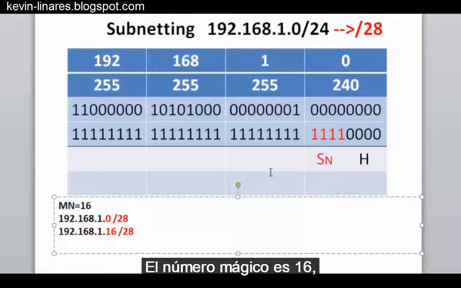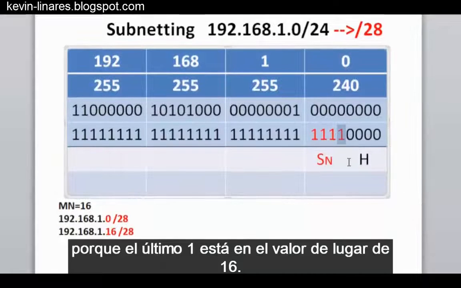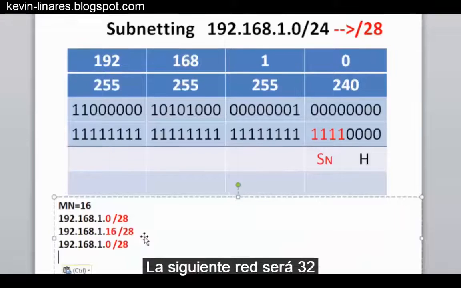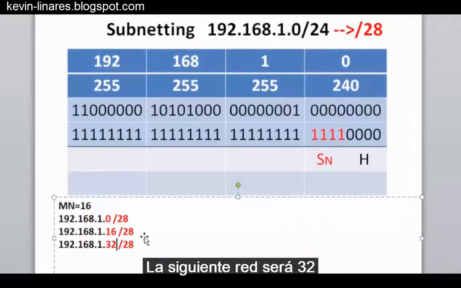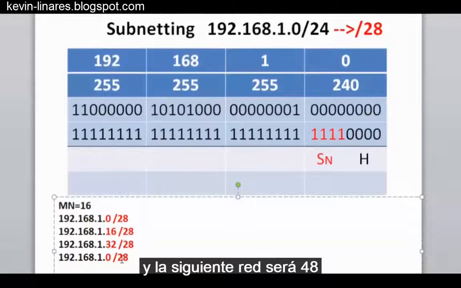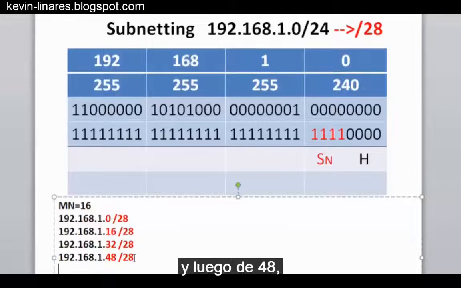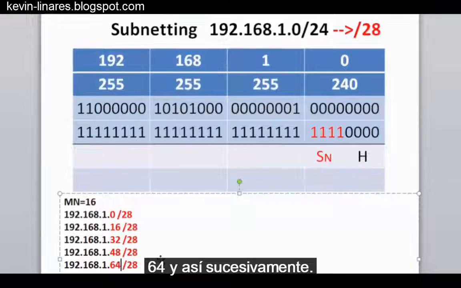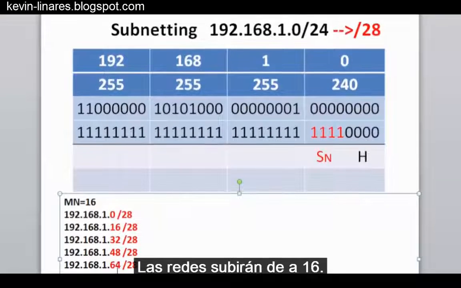Because the magic number is 16, because the last one is in the place value of 16. The next network will be 32. And the following network will be 48. And after 48, 64, and so on and so forth. The networks will go up by 16.